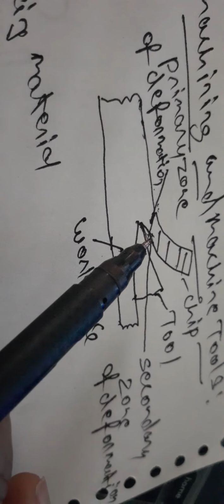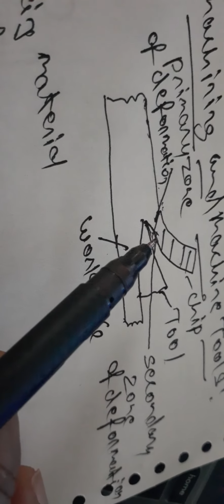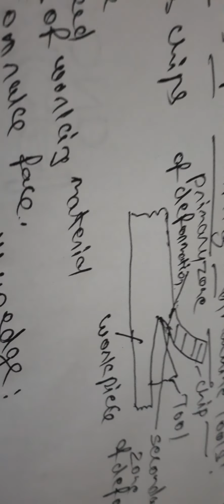Above that, along the chip, there is a secondary zone of deformation. This is the workpiece and this is the tool. So what is a continuous chip? A continuous ribbon type chip is formed here.